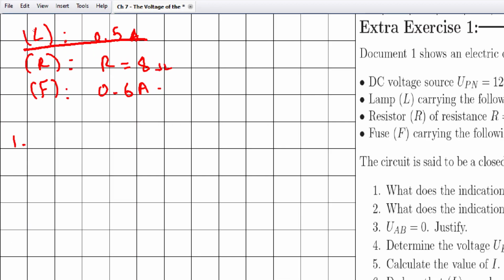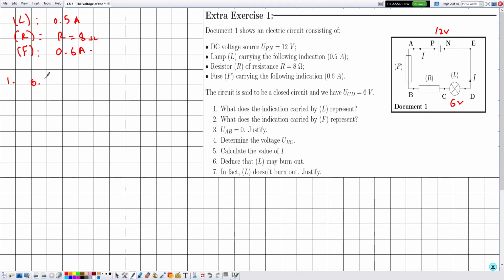Now in number 1 they are asking what the indication carried by L represents. L carries the following indication: 0.5 amperes, and we know that this is the rated current of the lamp L under which it functions normally.